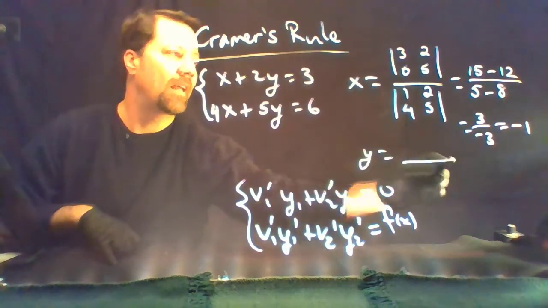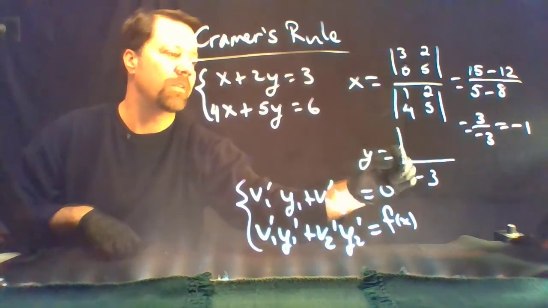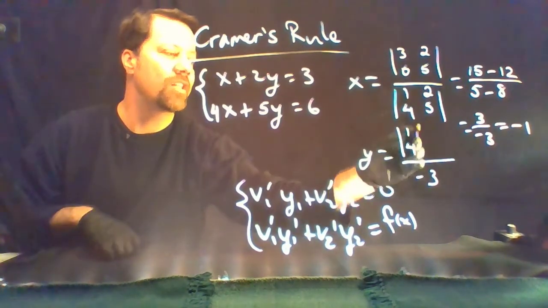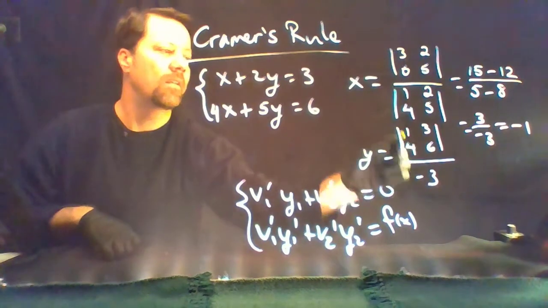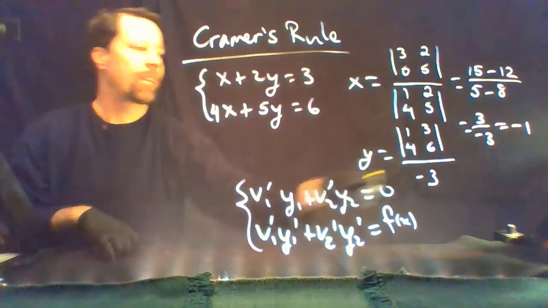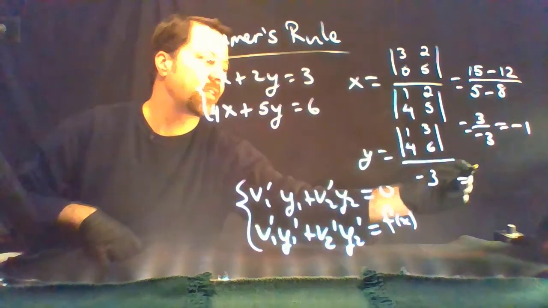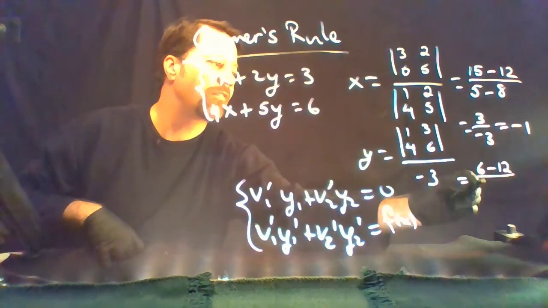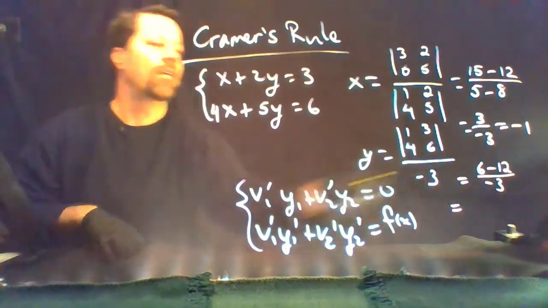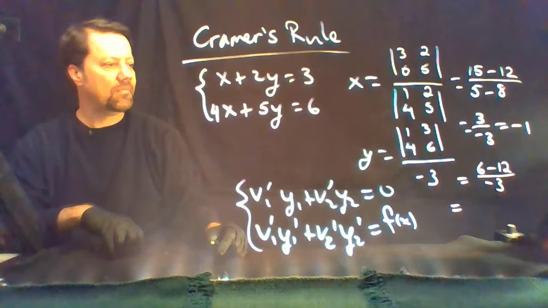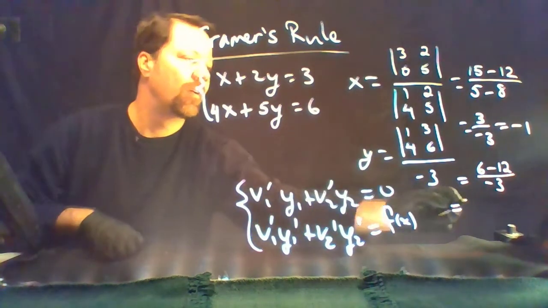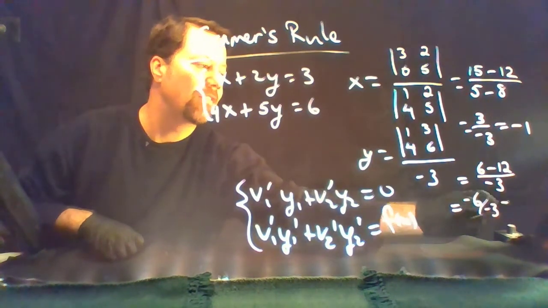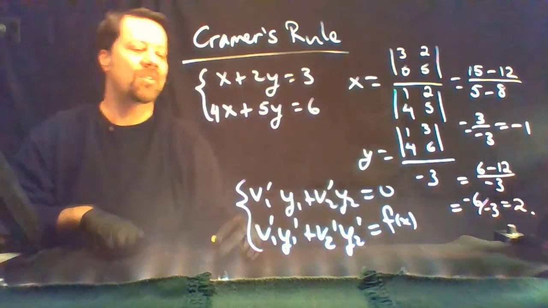Y has the same denominator as before. The only thing that changes is the determinant in the numerator is 1, 3, 4, 6. That's 6 minus 12 over negative 3. And so here we get 6 minus 12 is negative 6 over negative 3, and hence y is 2.